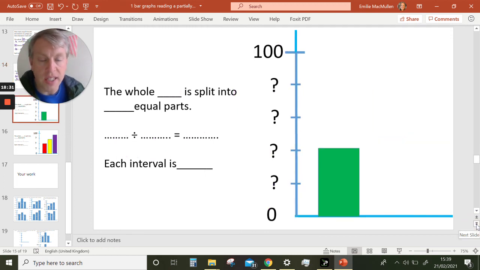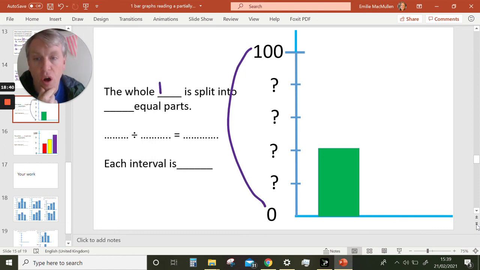That's good. Okay, here's another scale. So if it were all one jump, it would be 100. The whole 100. It's not one jump though, it's split into equal intervals. Let's count up, how many? 1, 2, 3, 4, 5.